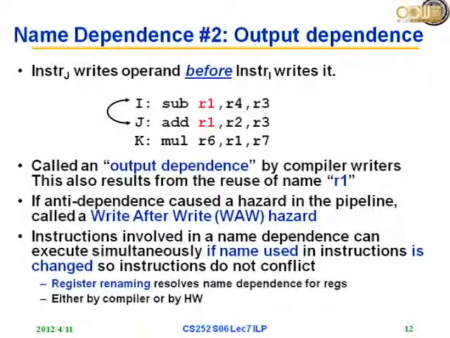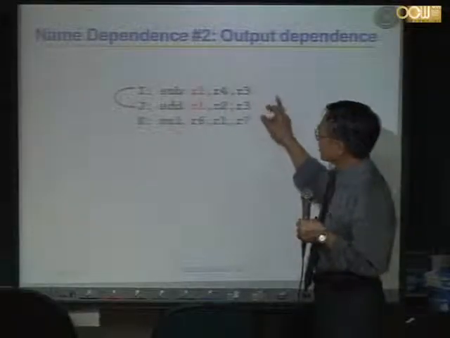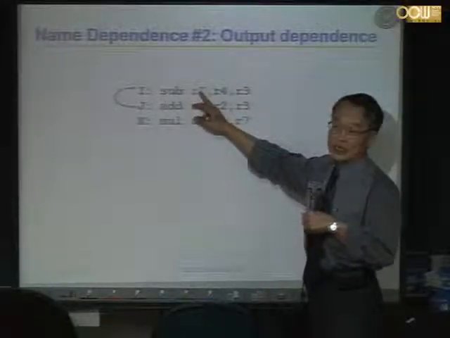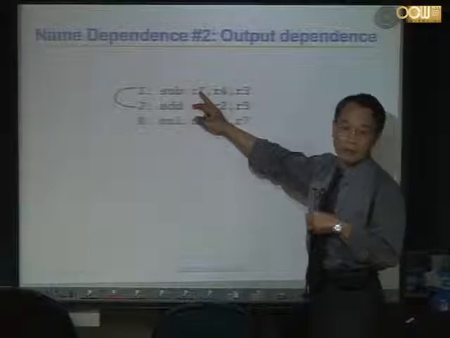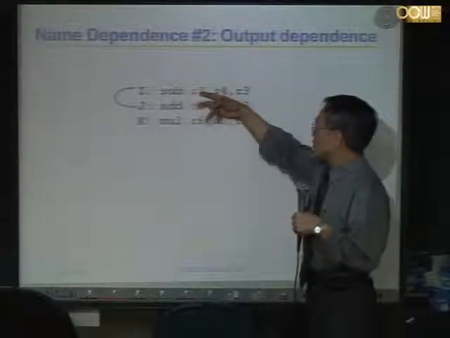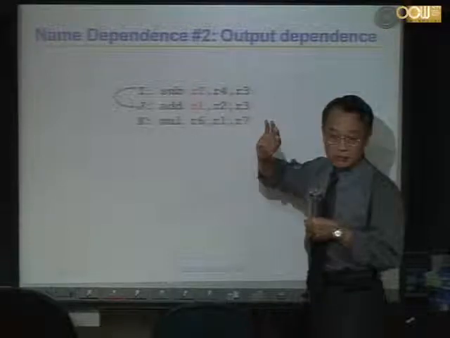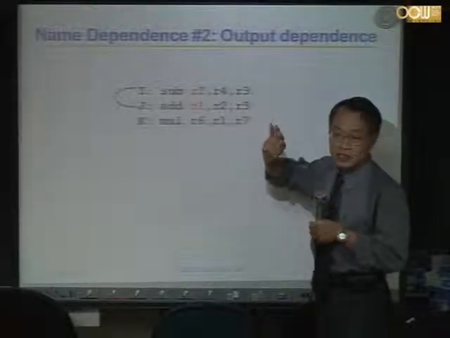Same thing for the output dependence. Okay, there must be some other instructions in between using this R1. Otherwise, the calculation of this R1 is meaningless. But anyway, these two instructions compete for the same hotel room. Why do I say they compete for the same room?